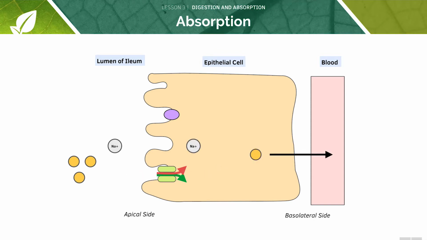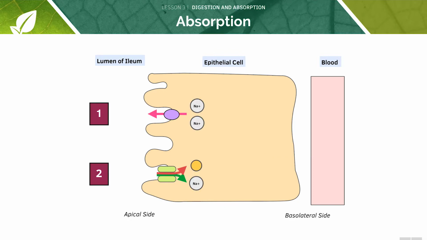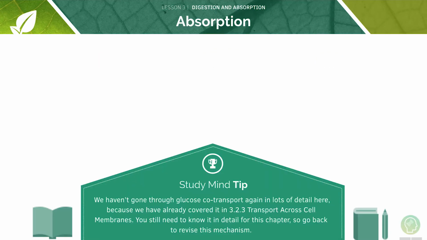Then, the amino acids can be transported into the bloodstream. In summary, sodium is actively pumped out into the lumen. It can diffuse back in alongside an amino acid, which is co-transport. We already covered glucose transport in a previous tutorial, so feel free to re-watch it if you'd like some more detail.